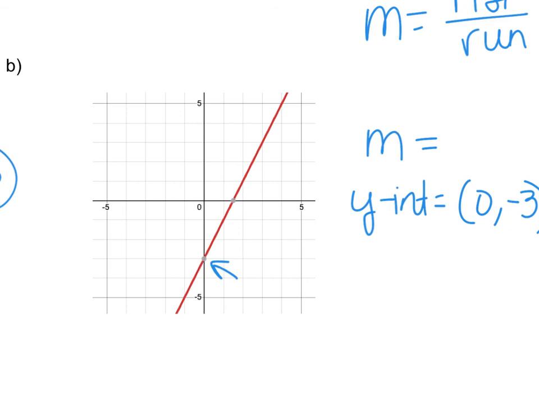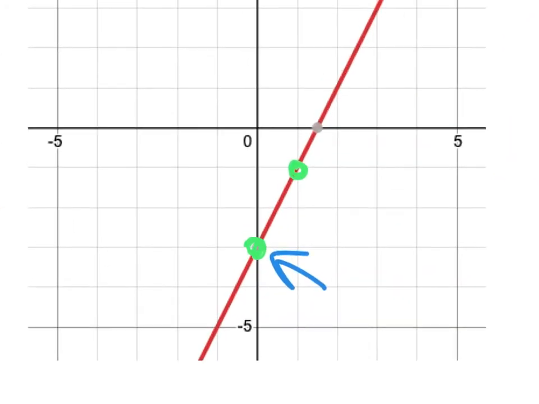What do you notice about this point right there? Well, it looks like it's a fraction or a decimal point. It's not a whole number point. So we need to figure out two places that it crosses at whole numbers. For me, it looks like right there, and I think right there, and you're looking for where it crosses in the corner of a box.